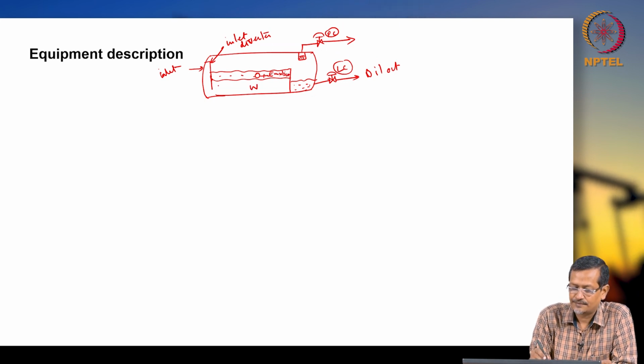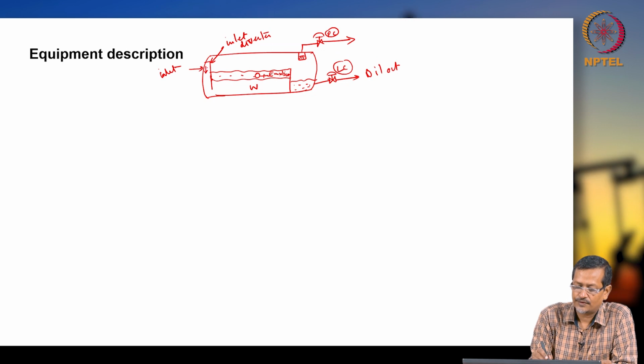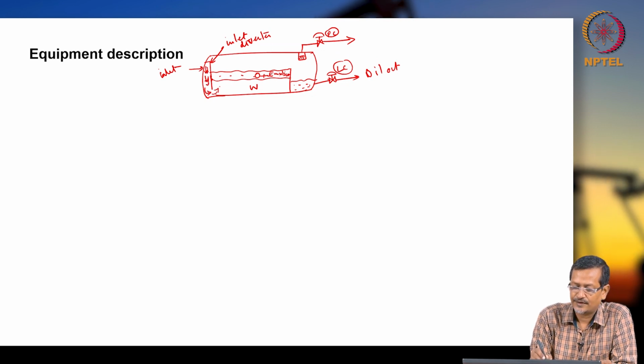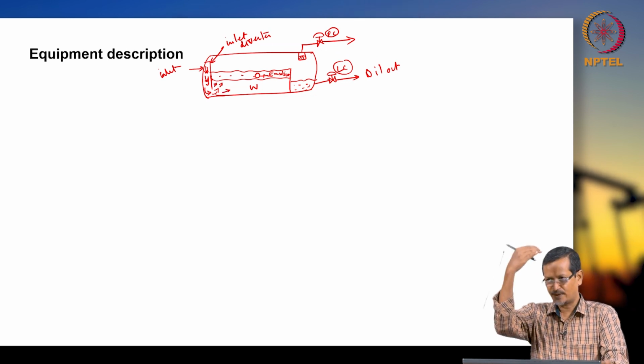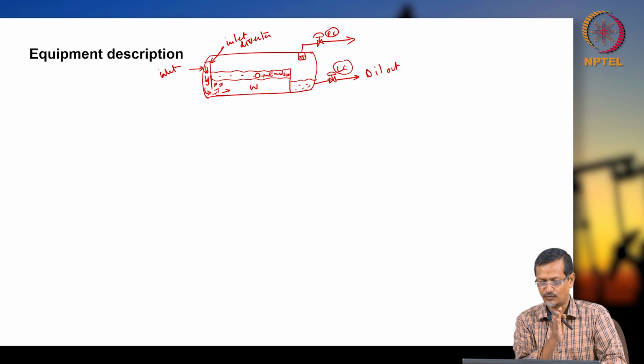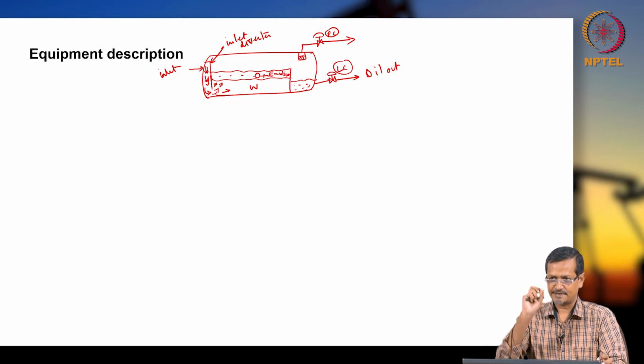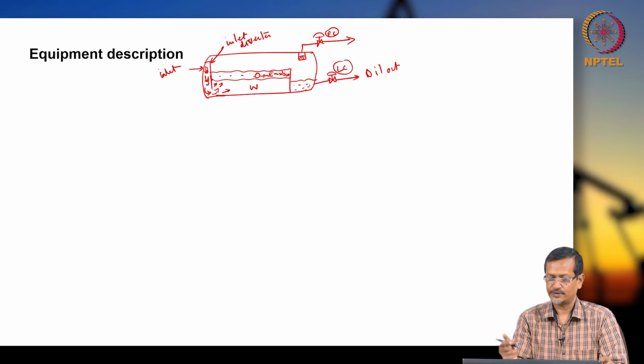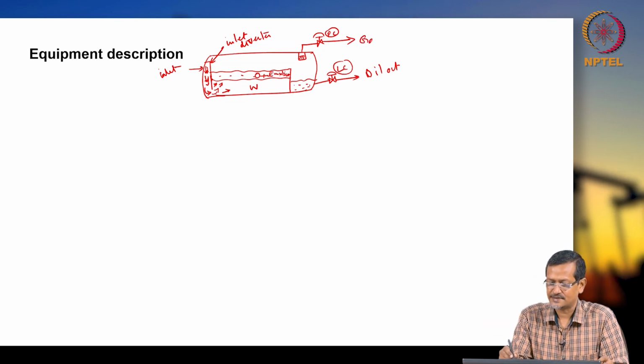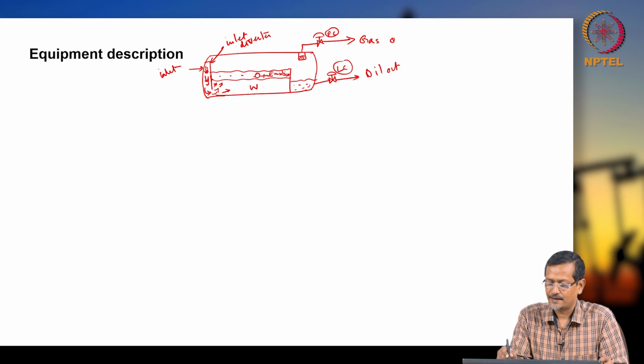and this is water. Your entry fluid will be coming here, entering like this. Slowly it will come down and go through the water, and oil will float over water. Any gas will bubble up and go through the gas outlet or gas exhaust line.